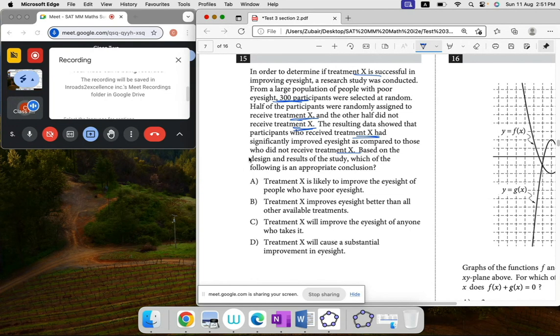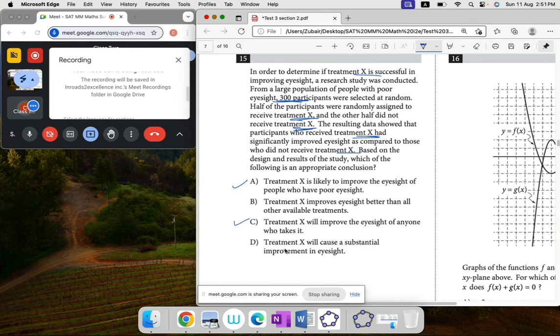Based on the design and results of the study, which of the following is an appropriate conclusion? A: Treatment X is likely to improve the eyesight of the people who have poor eyesight. Yes, I think so. B: Treatment X improves eyesight better than all other available treatments. There's no such data given in the paragraph above. D: Treatment X will improve the eyesight of anyone who takes it.